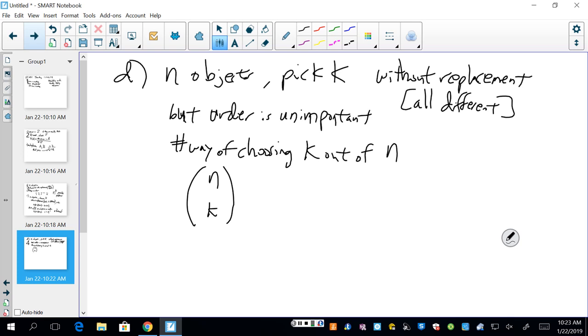And we came about this by thinking, well, we could choose them and put them down in order. N times n minus 1, n minus 2, dot dot dot, down to n minus k plus 1 for our k choices. But we don't really care which one's first and which one's second. So of those k things we've already chosen, we could reorder them and still get the same set. The same set of cards is there.